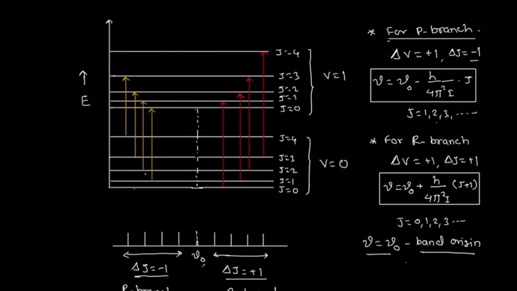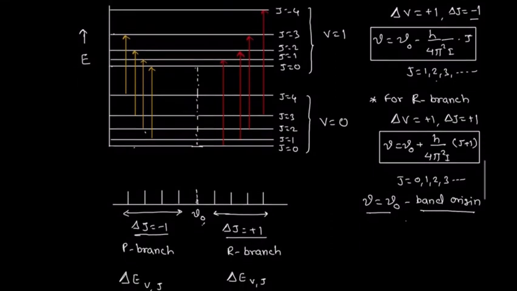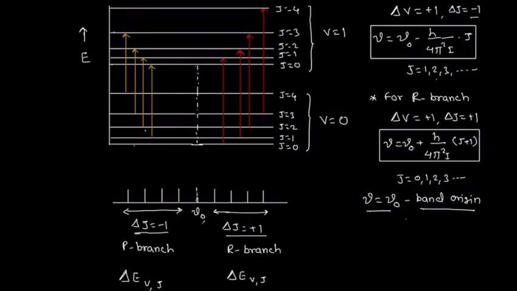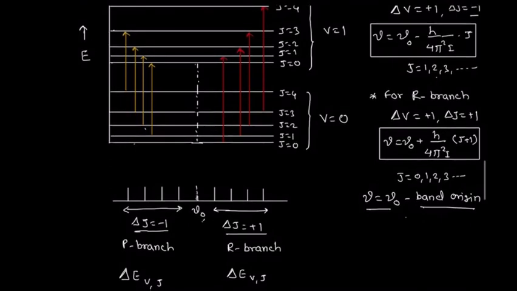In that way, all equispaced lines we get on the low frequency region, which we call the P branch, and in that P branch the change in energy is constant, that is h divided by 4 pi square I. The transition in the rotational level starts from J to J minus 1.